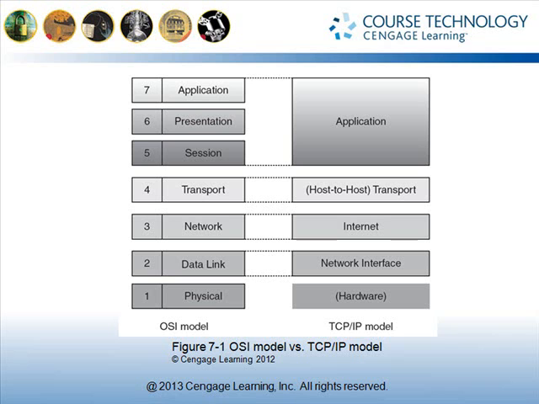Now, some of the basic TCP/IP protocols are Internet Control Message Protocol, ICMP, Simple Network Management Protocol, SNMP, Domain Name System, DNS, and File Transfer Protocol, FTP. And there also, of course, is the new version of IP, which we've all heard about, IPv6, which is designed to replace our current version, IPv4. Let's drill down and take a look at each one of these.